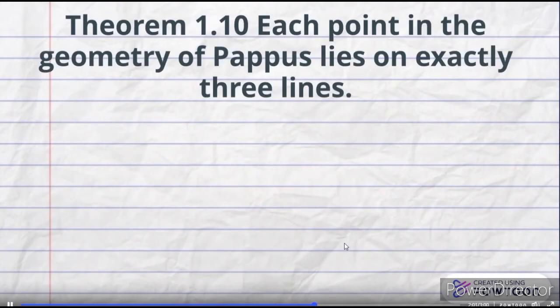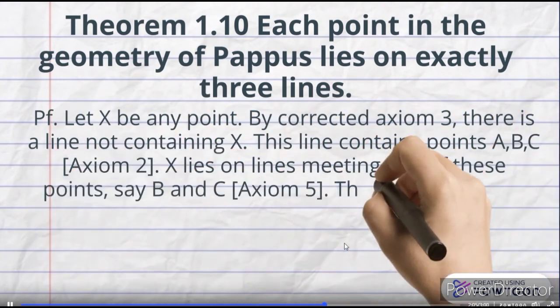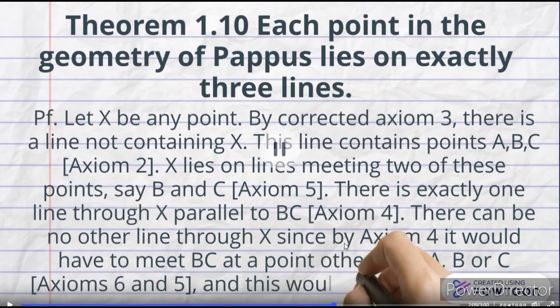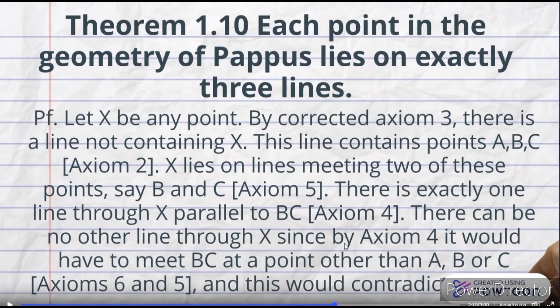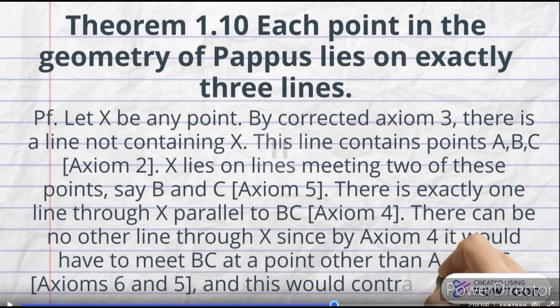Now let's proceed with the theorem. Theorem 1.10. Each point in the geometry of Pappus lies on exactly 3 lines. Proof. Let X be any point.